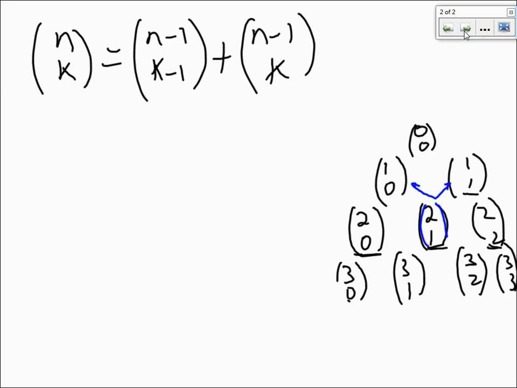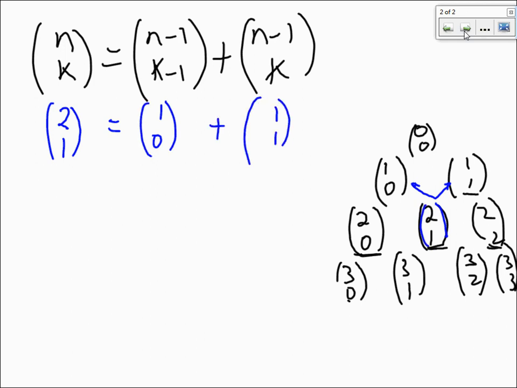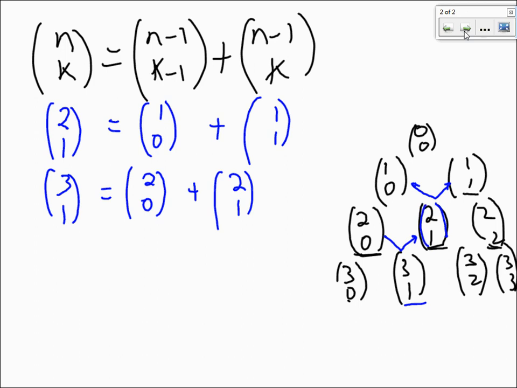Okay, that is 2 choose 1 is the same as 1 choose 0 plus 1 choose 1. And if you add 2 choose 0 and 2 choose 1, you're supposed to get 3 choose 1. 3 choose 1 is equal to 2 choose 0 plus 2 choose 1.